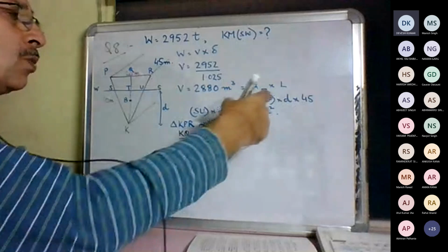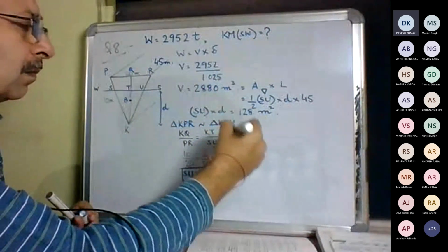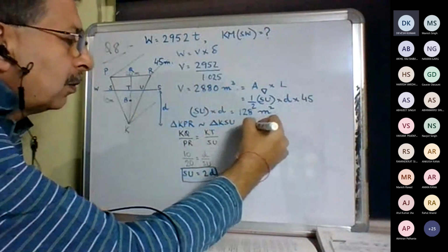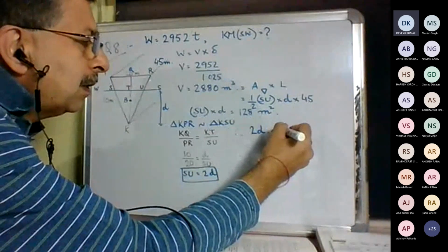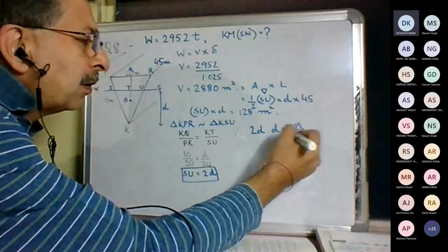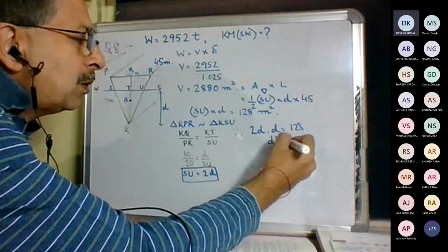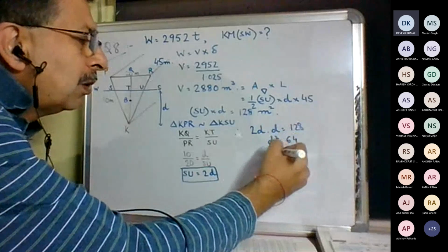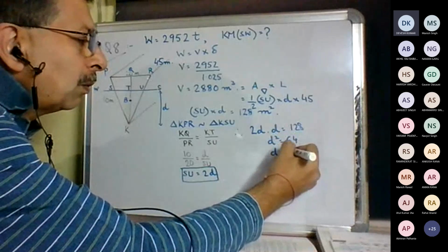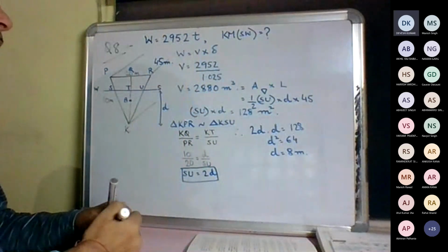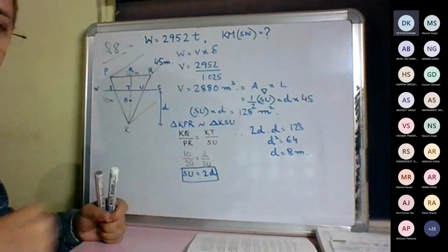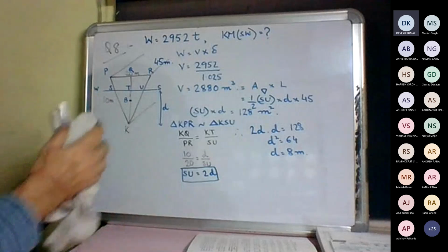Replace this in the earlier equation: 2D into D is equal to 128, or D square is equal to 64, so D is equal to 8.